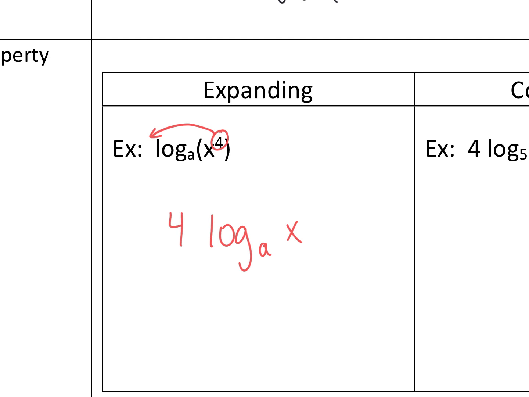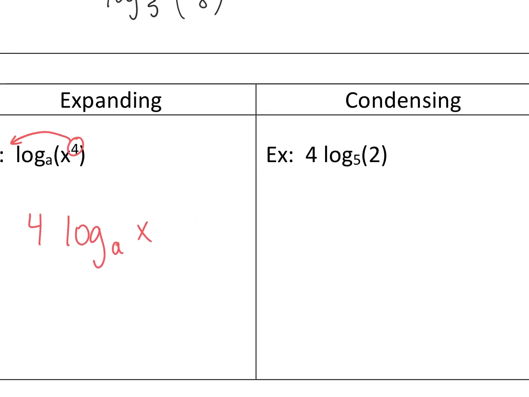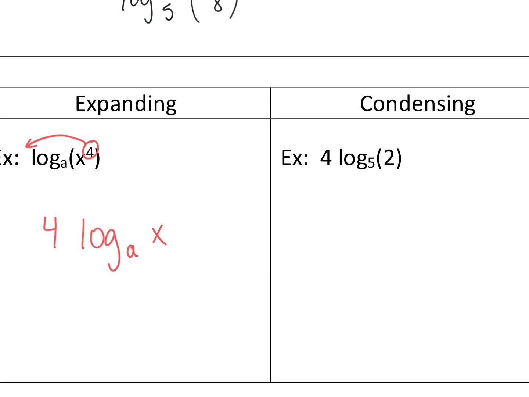The a value stays where it is. Just the exponent that's on that a value moves to the front. And then condensing is going the reverse direction. So instead of having the power on the front, we want it on the back. And once again, it just goes to that a value. So log base 5 of 2 to the 4th would be how I wrote that.